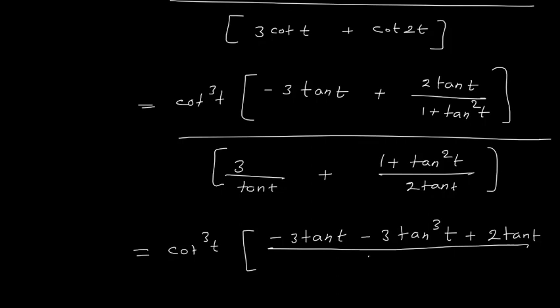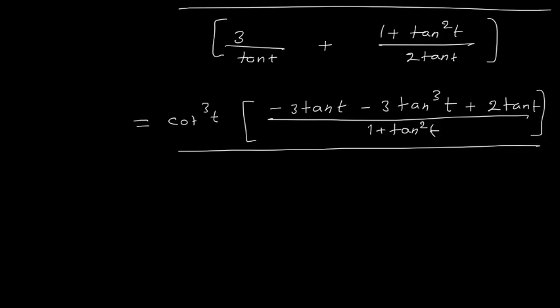Now 1 plus tan square is sec square, but let us write 1 plus tan square t. This whole term is divided by, we multiply with 2, so this is 6, plus 1 plus tan square t.